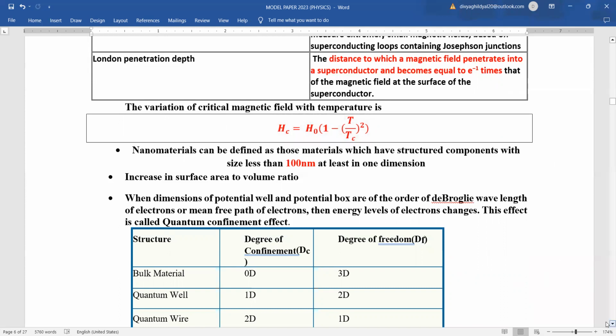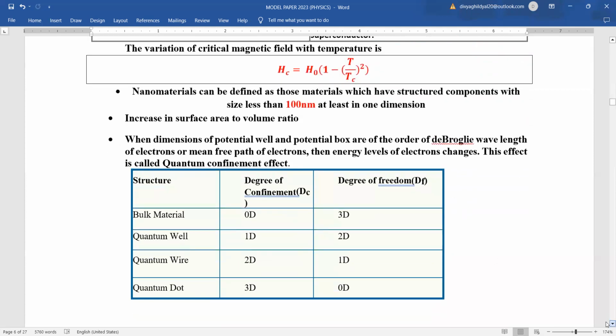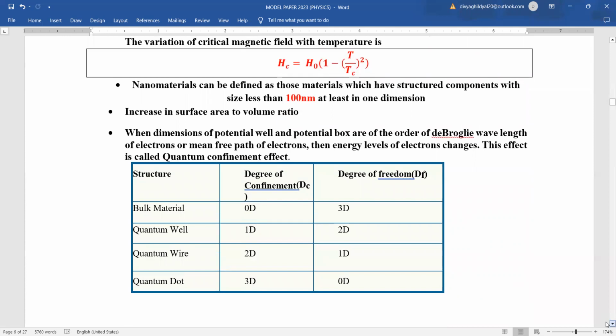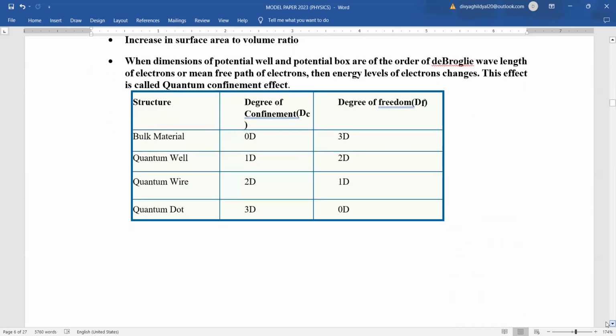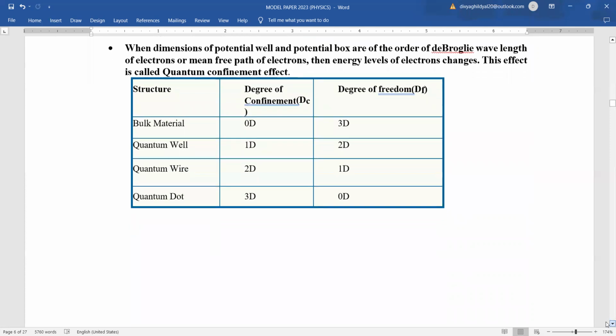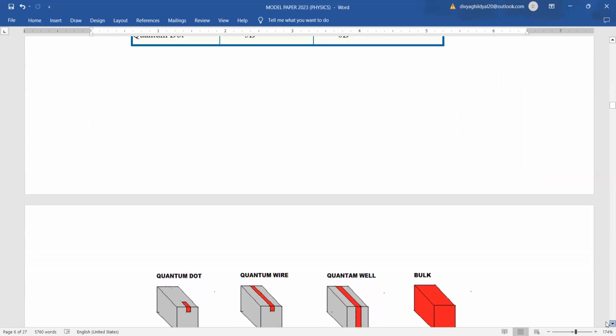What are nanomaterials? Nanomaterials are those materials which have structured components with size less than 100 nanometer in one dimension. The degree of freedom is, for bulk material 3D, quantum well 2D, quantum wire 1D, and quantum dot 0D.